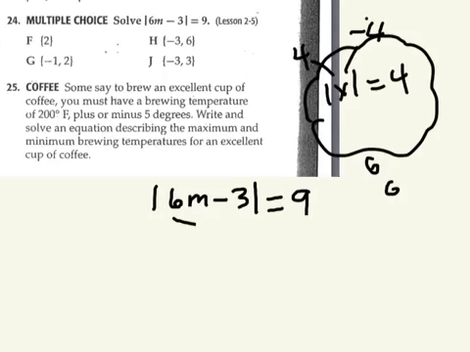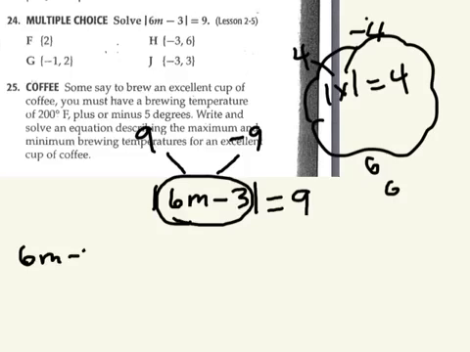That's the same thing here. All of this junk is either positive 9 or negative 9. And because we've got those two choices, absolute value breeds two equations. 6m minus 3 equals positive 9, or 6m minus 3 equals negative 9.